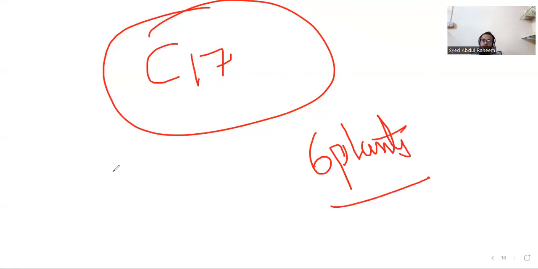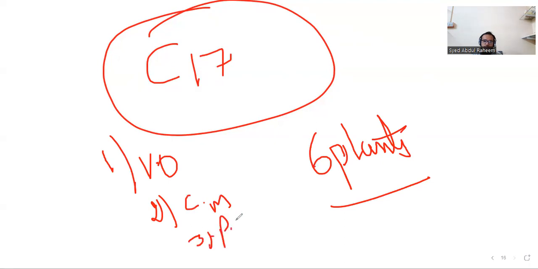What are those? First, Toxicodendron officinale, and Conium maculatum. Third is Pimpinella saxifraga.